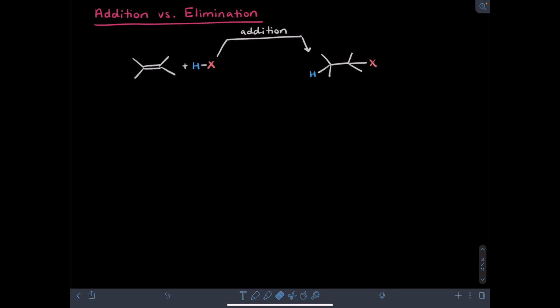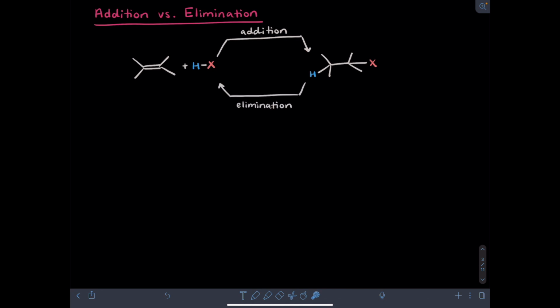I now want to talk about alkene addition as well as elimination, which we've seen previously. So addition would be adding 2 groups across the double bond of the alkene to make a product. If I started with HX, my addition product would have a new carbon-hydrogen bond and a new carbon X bond.